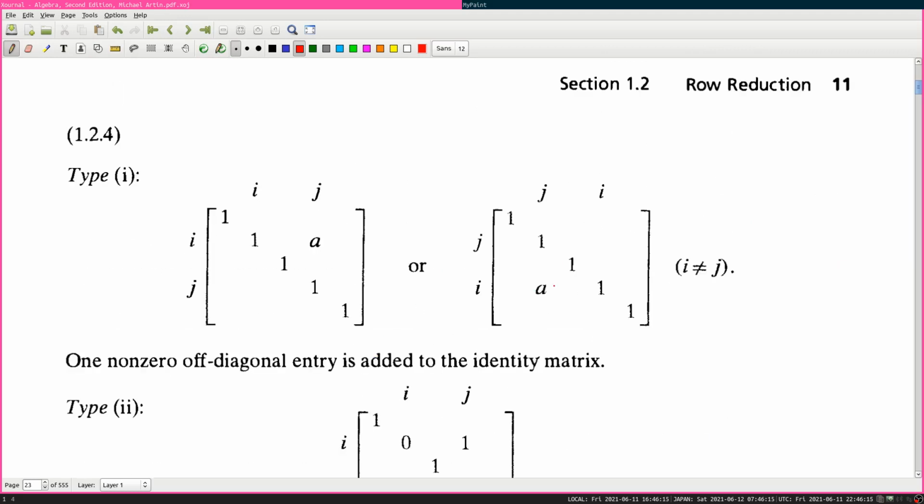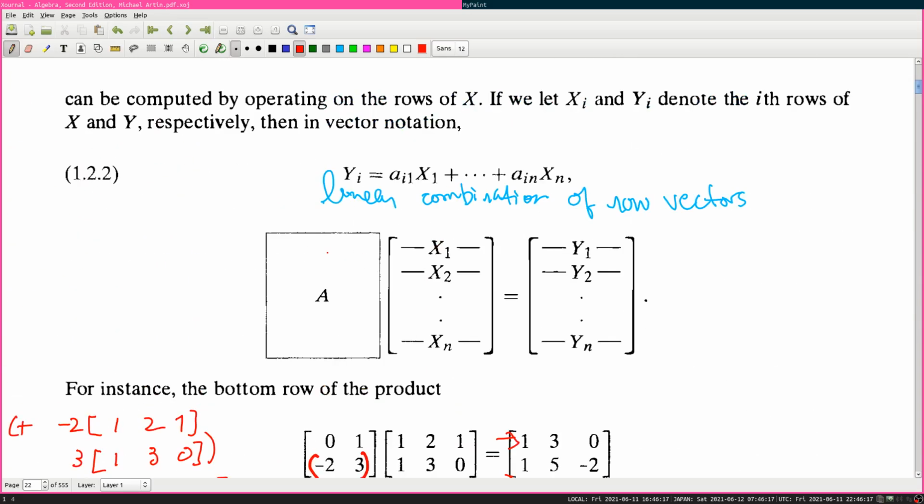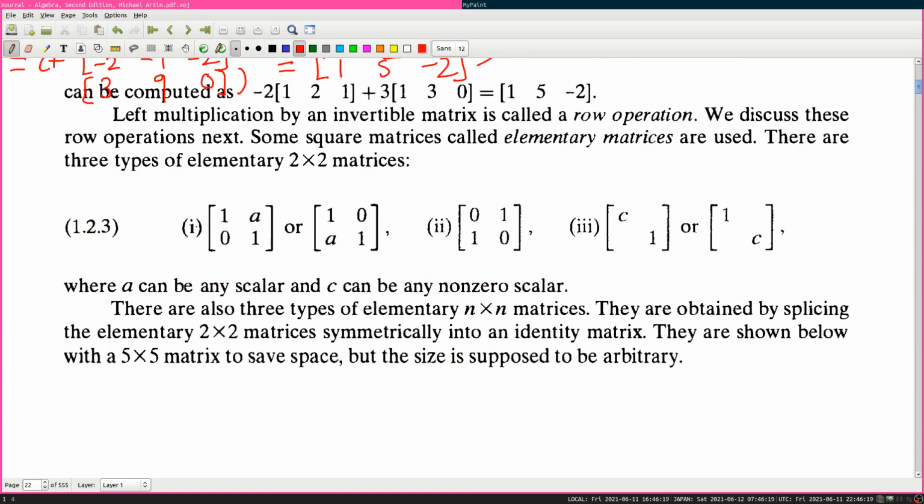So the inverse of a type 1 matrix: let's say this is 1, 1, 1, 1, and then you have some A. You take the transpose of this, and you still get the 1s on the diagonal, but then you also multiply the A by minus 1, minus A, and I think that's what the inverse is.